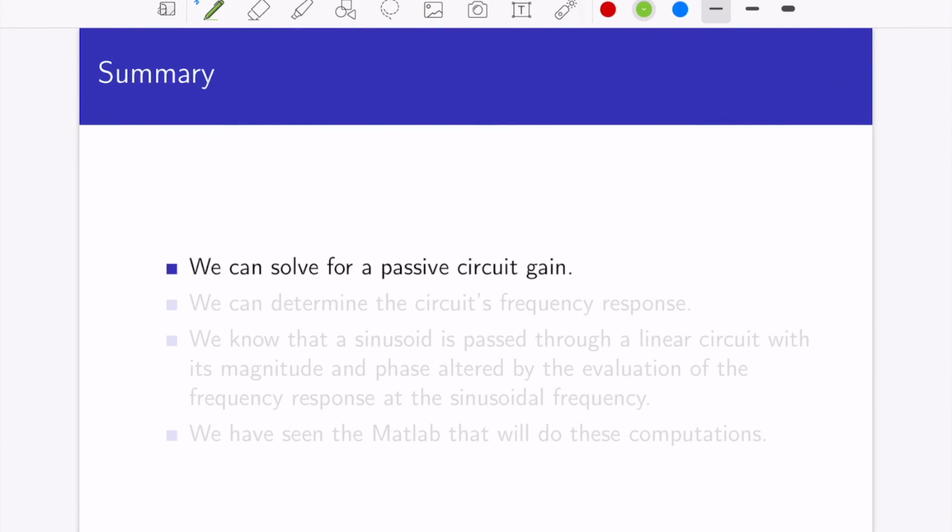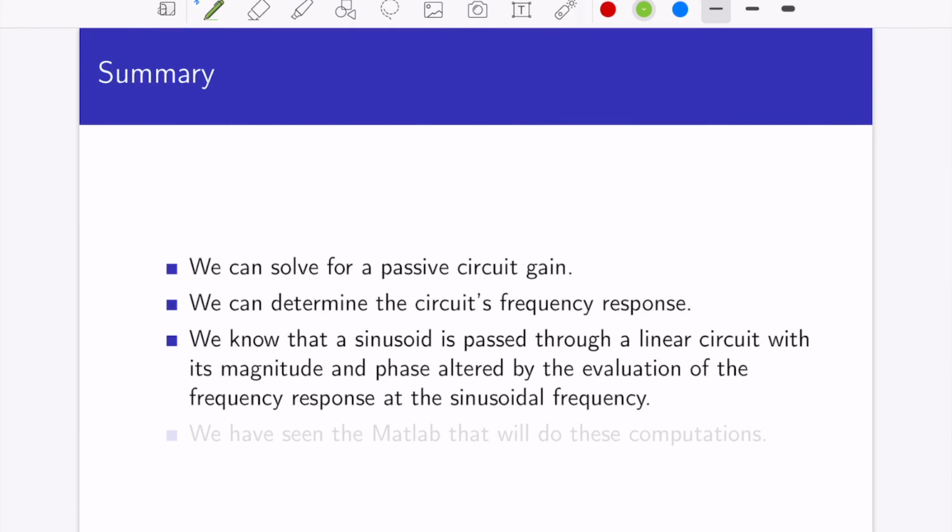So we've done several things today that were quite important. We practiced solving a passive circuit and solving for a gain. We looked at how we could determine the circuit's frequency response. We can do a rough estimate by seeing what happens when omega is 0 and also when omega approaches infinity. You could also put it in MATLAB for a precise response.